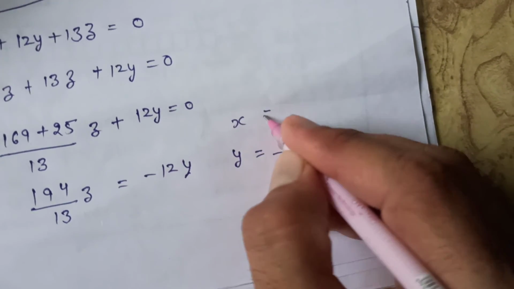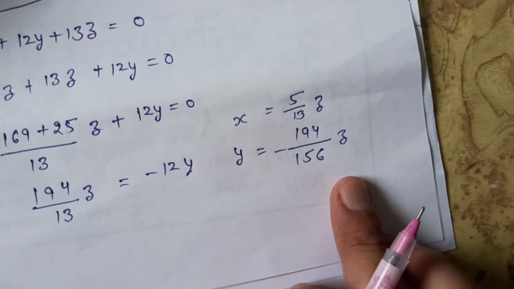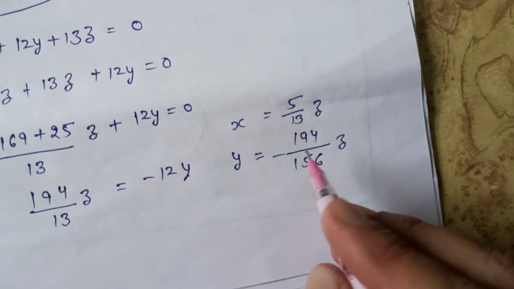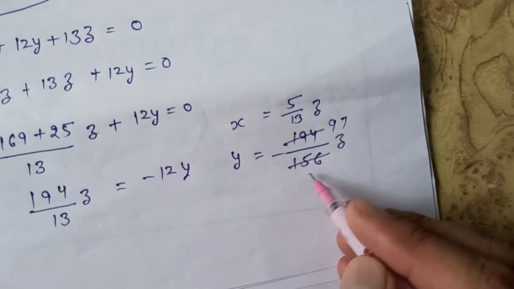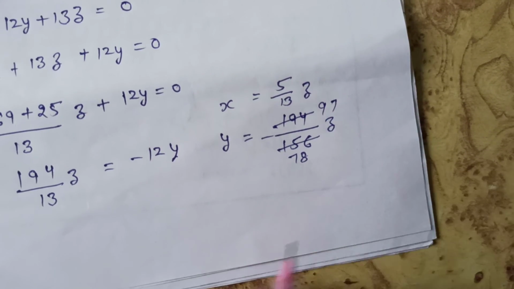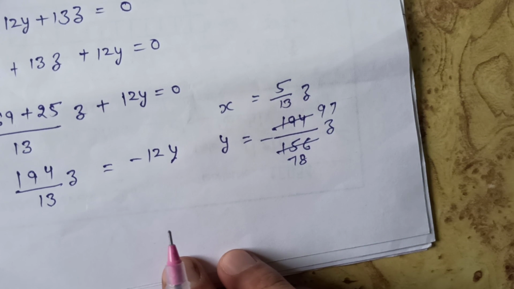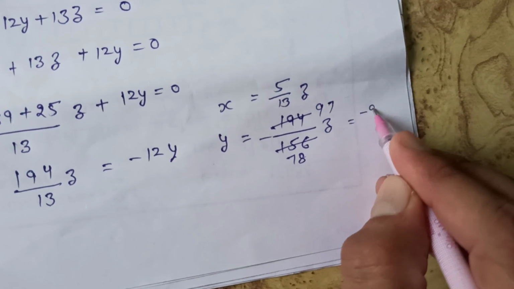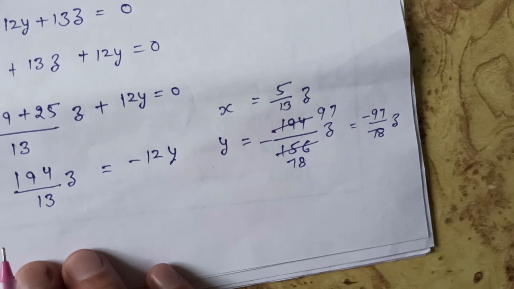So x is equal to 5 by 13 z, y is equal to minus 194 by 156 z. You can simplify this. So y is minus 97 by 78 z.